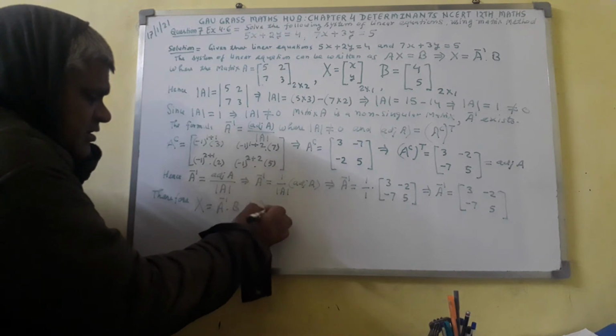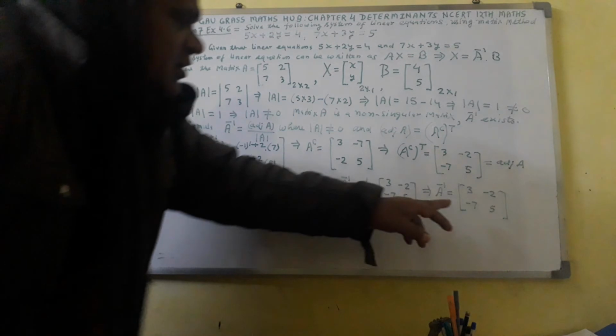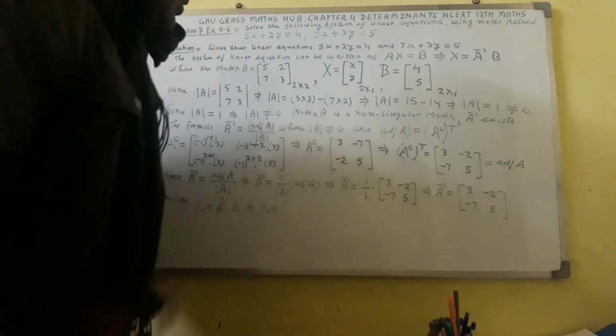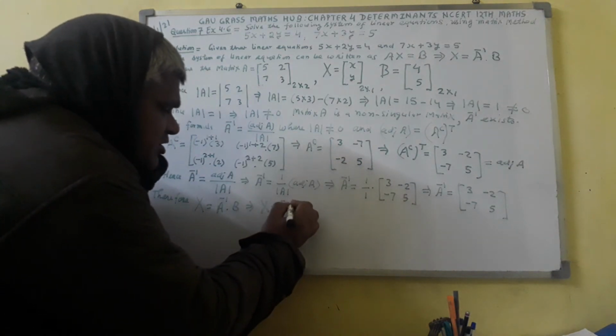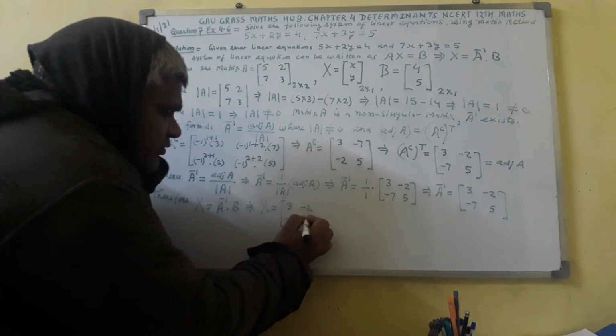Implies that x is equal to A inverse matrix, I shall put A inverse matrix from here. So at this place I shall write 3, minus 2, minus 7, 5.